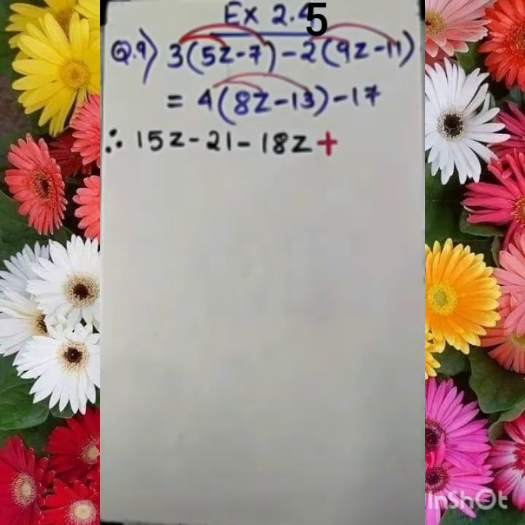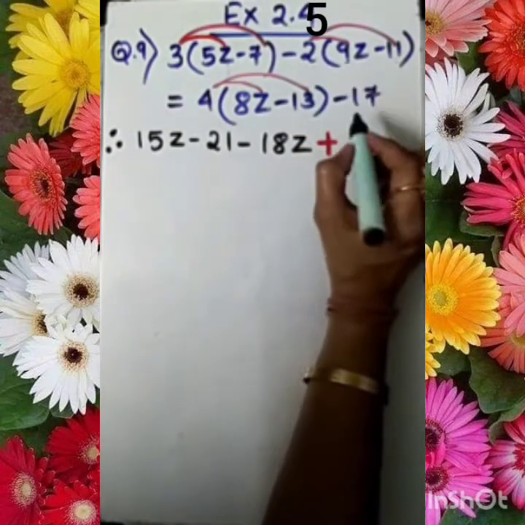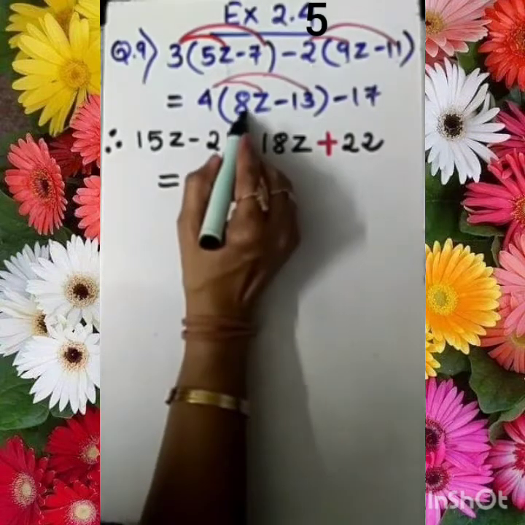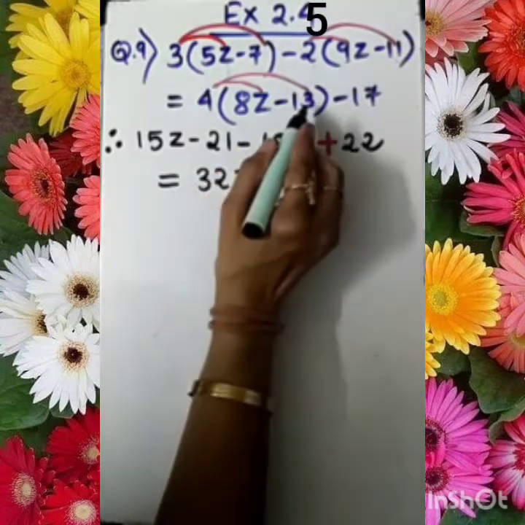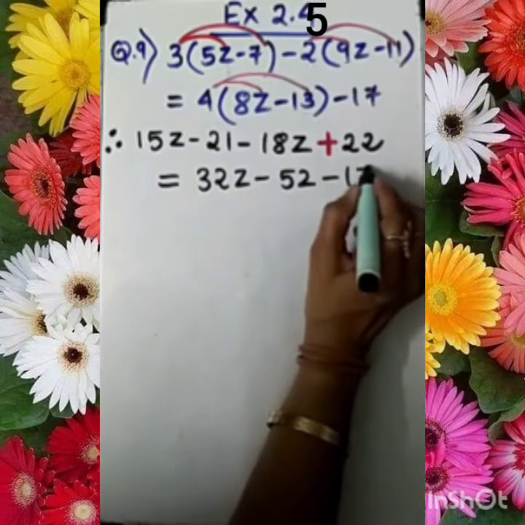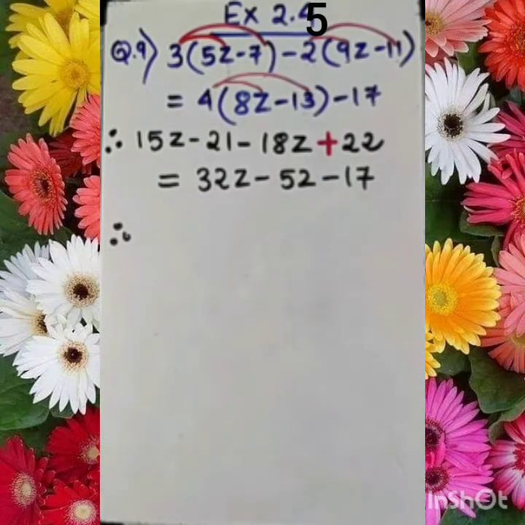It will become plus. 2 into 11, 11 twos are 22, equal to 4 eights are 32z, 13 fours are 52, minus 17. This is the simplification of the given equation.